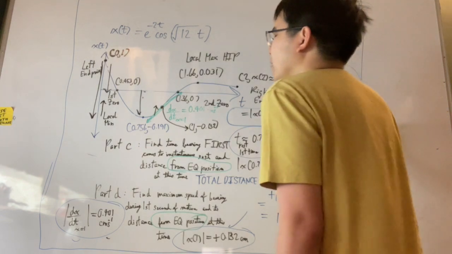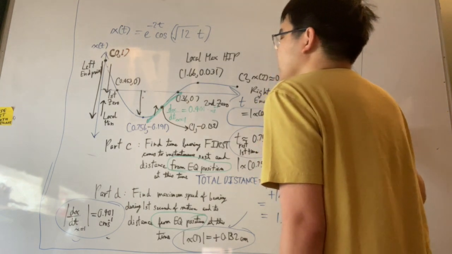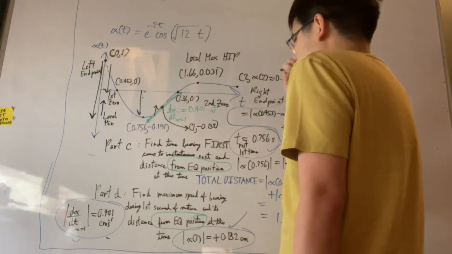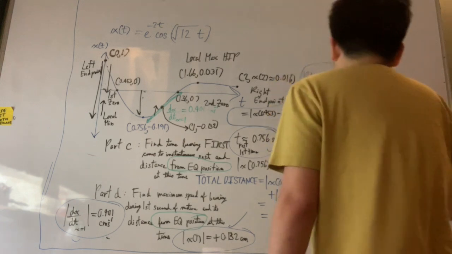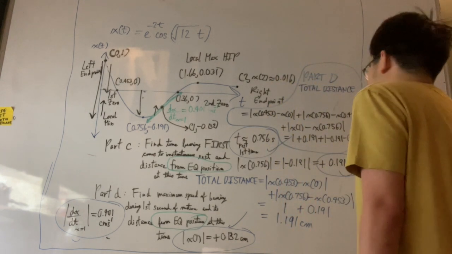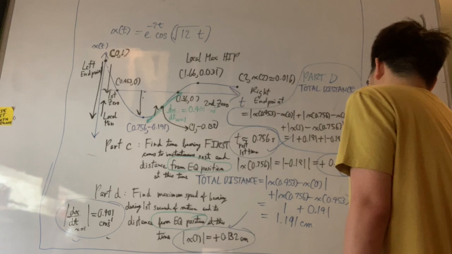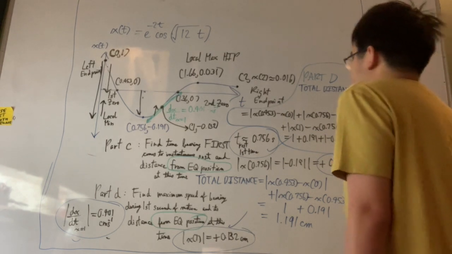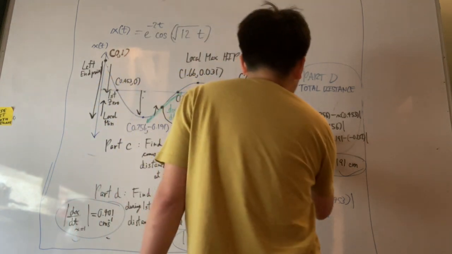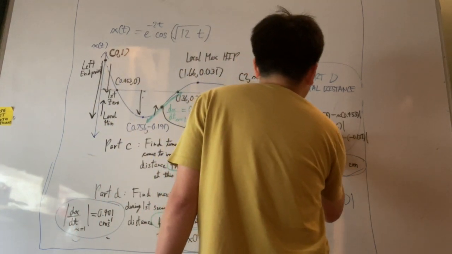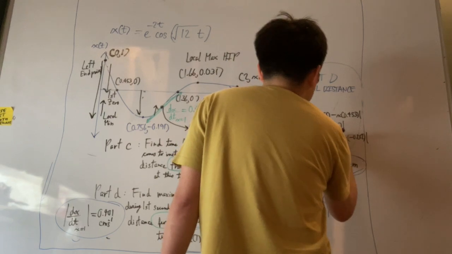Wait, or did I have it wrong? No, I want the opposite direction. No, this is good. 0.132, and then the absolute value of that. So all those numbers add together, so that's 1.191, and plus this nasty mess.